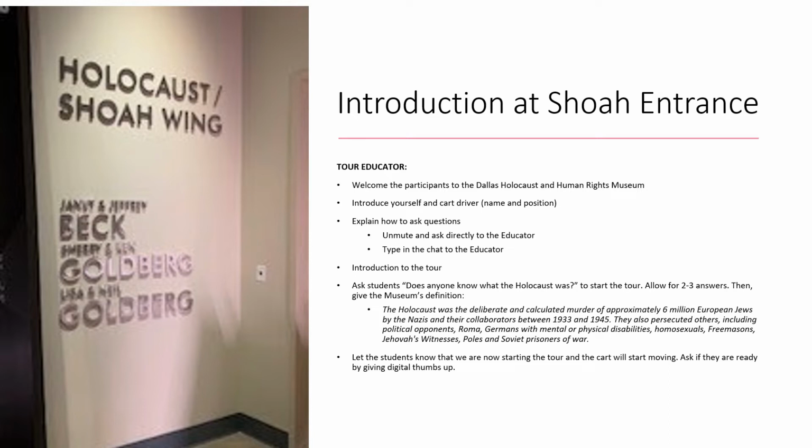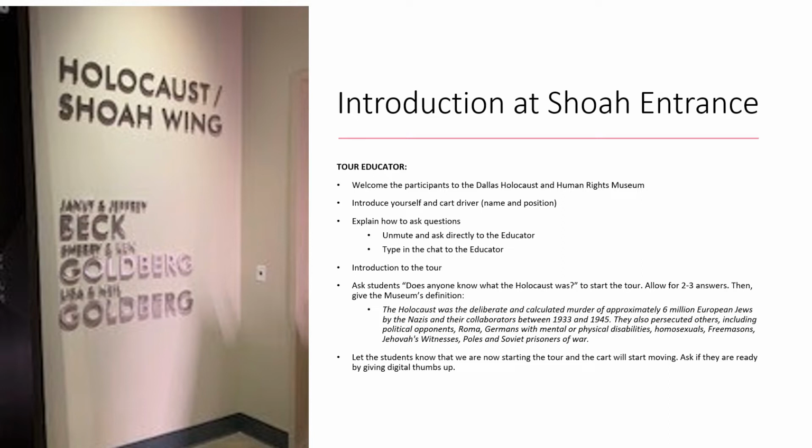Your cart driver will see this question in the chat, and they will then know to raise their hand and ask you, the educator, to answer the question. At this point, remember, you are going to want to repeat that question. This way, if the question was asked privately, now everyone knows which question is being answered.